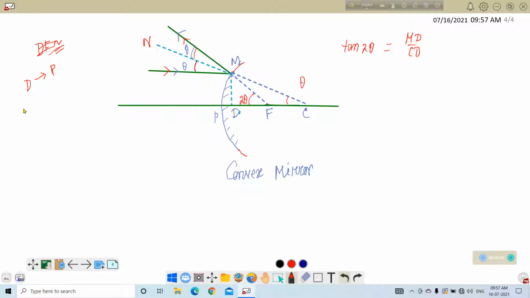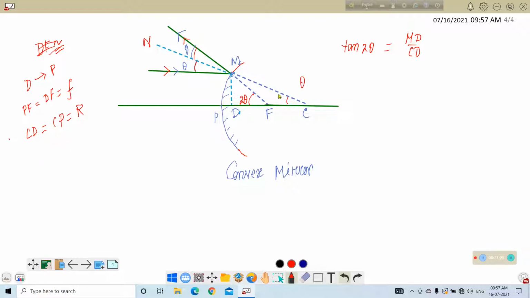So PF is equal to DF. When D tends to P, PF is equal to DF, and that is the distance of the focal point from the pole, termed as F, and CD is equal to CP. CP means the distance of the center from the pole, and that is equal to radius of curvature R.